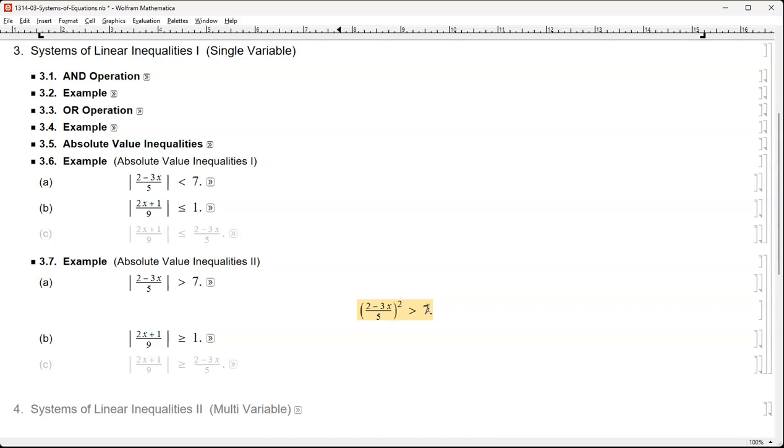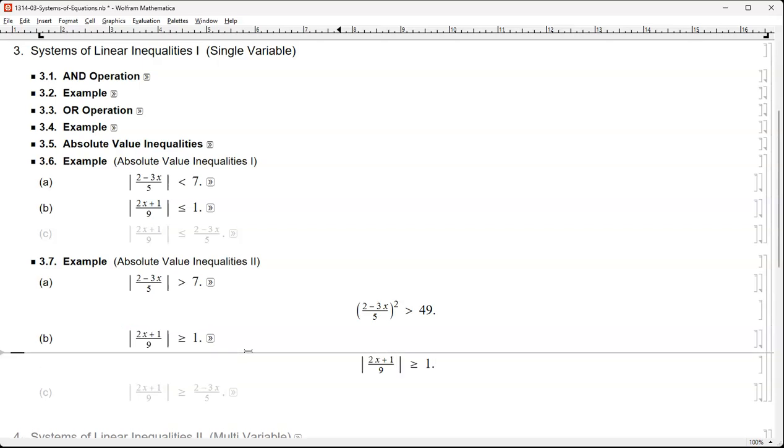By squaring both sides, it becomes the same as a nonlinear inequality like this by taking the square. And this one, well, pretty much the same too.